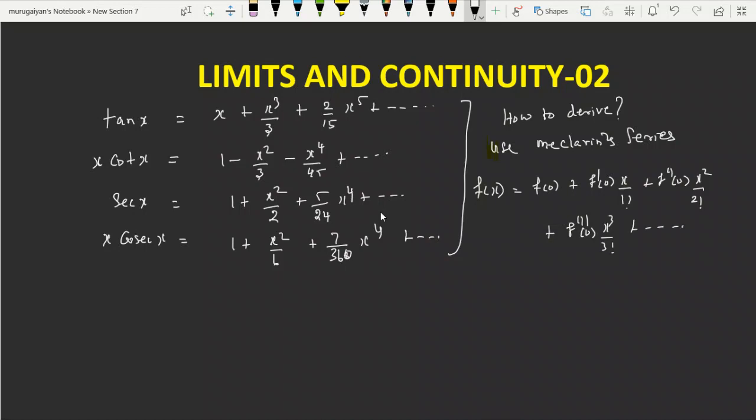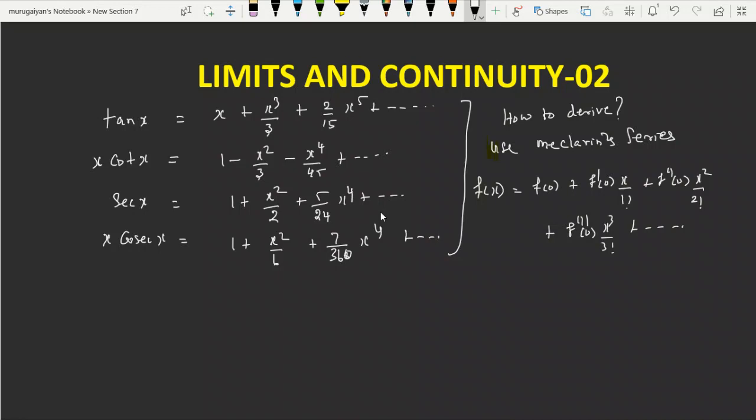Keep going. If we take f of x equal to tan x or x cot x or secant x, whatever you want, take that function, find the first derivative, second derivative, third derivative up to the fifth derivative, then find all the derivatives taking x equal to 0, and substitute in the Maclaurin series. You will get the listed infinite series for any real function.